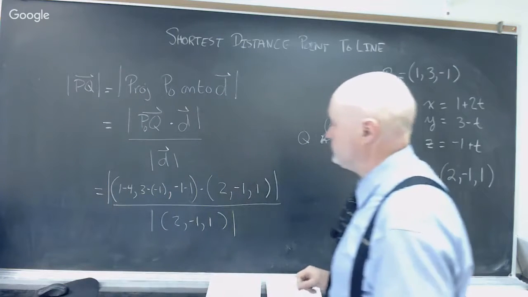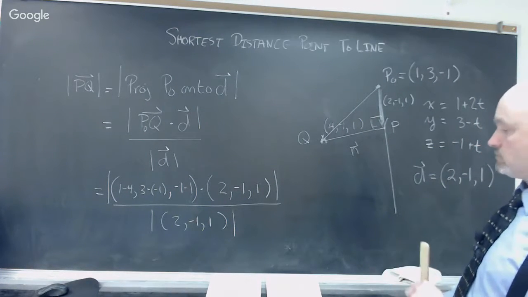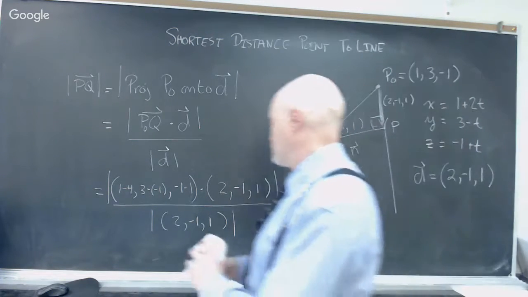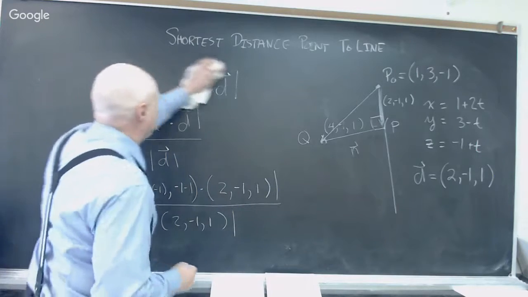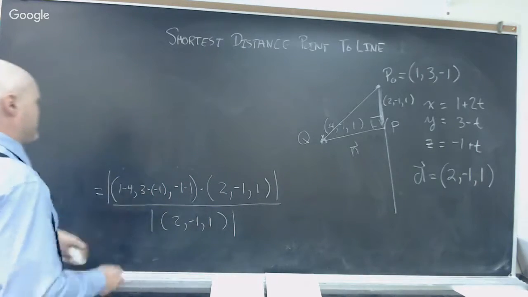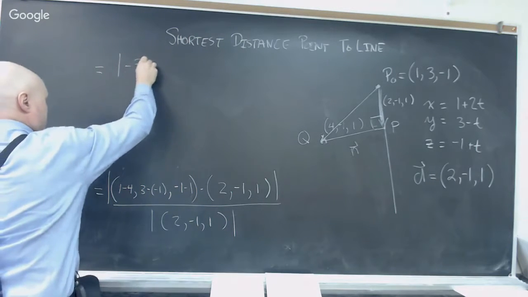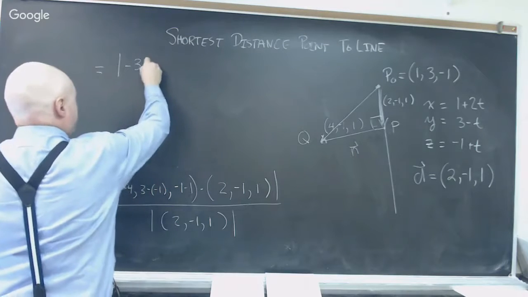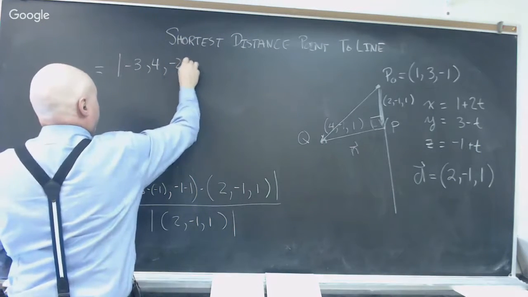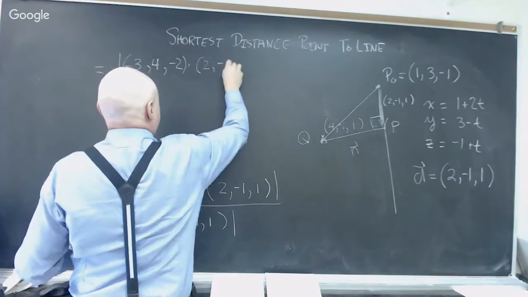There we go. So this is going to be my projection. Just going to pop up here to finish out the math. So -3 and 4, -2, dot 2, -1, 1.